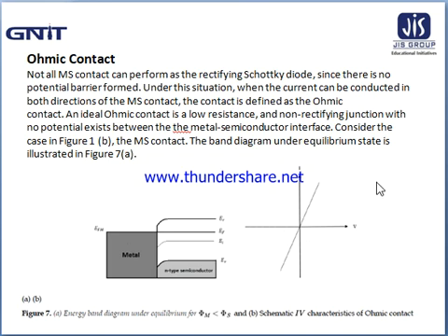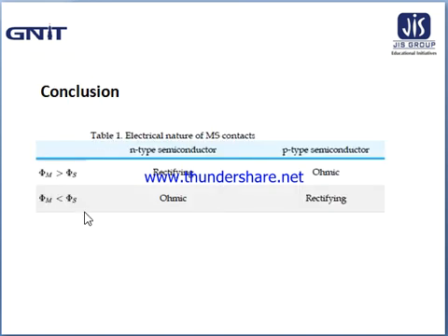At the conclusion, you can see that for a metal and N type semiconductor, a rectifying Schottky contact is formed when phi m is greater than phi s, and an ohmic contact is formed when phi m is less than phi s.